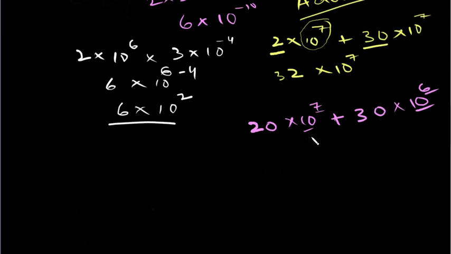So we have to change the exponent. Either we can reduce 7 to 6, or we can increase 6 to 7. So in both ways we can do the job.